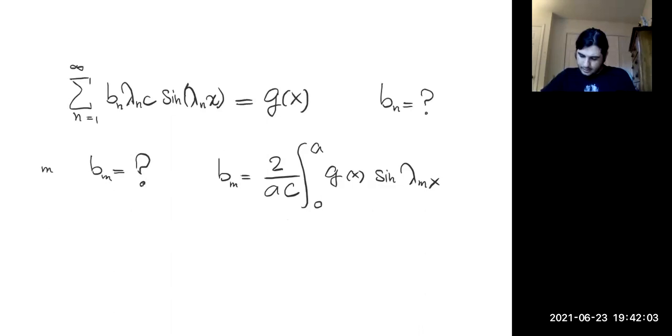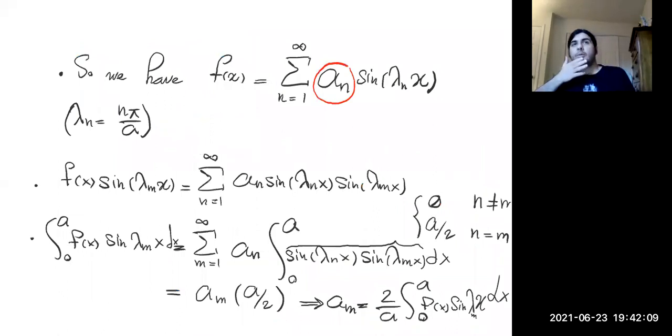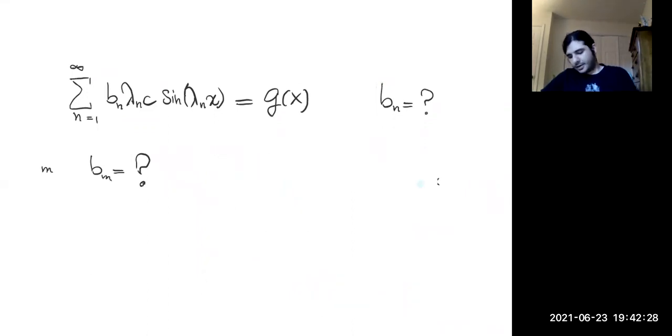Let's go back here for a second and make sure the computation for a_m was correct. Oh, we have lambda and 2. Sorry, I should correct this thing. So let's do the computation. I can't remember what the value was.